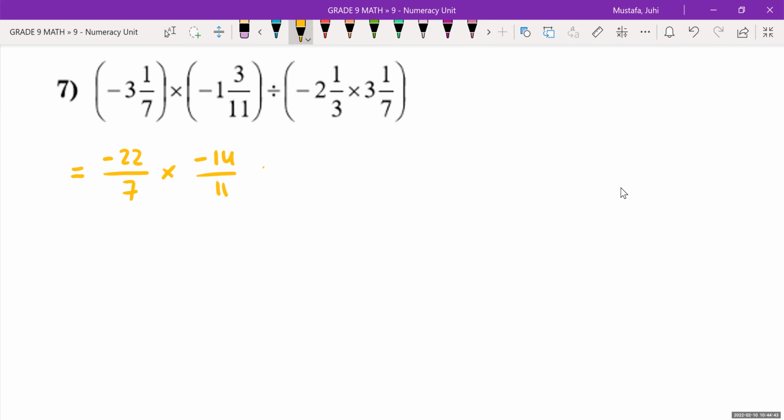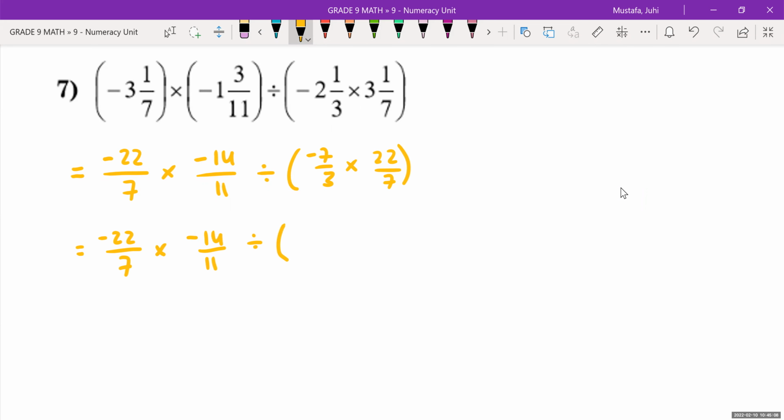Hold on. So divided by, and this is, you got -7/3. And then you got 22/7. Okay, great. So we did all of our conversions. Now, like I said, we're going to go inside the bracket first and solve that. That takes precedence. So it's going to be division sign.